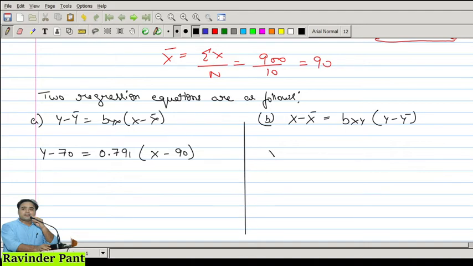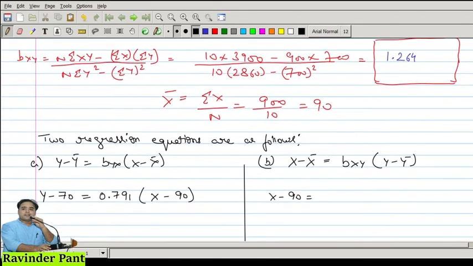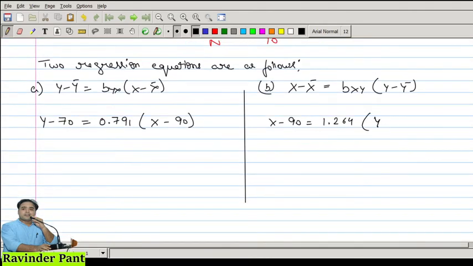For this one, x minus x bar is 90, bxy is 1.264, y minus y bar, and y bar is 70. So we will solve this and we'll get an equation. So this is y minus 70 is 0.791x minus, just multiply this for me.